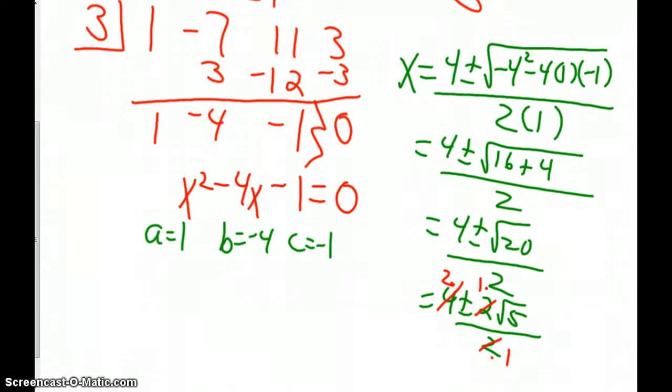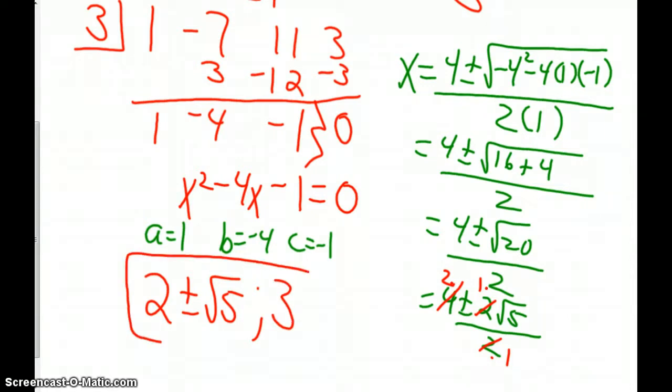Now you tell me what the answer is going to be. 2 plus or minus square root of 5. That's right. And those are the irrational answers. And then what's the third answer? Positive 3, the one that you put in the box. And they're the answers to the problem. There we go.